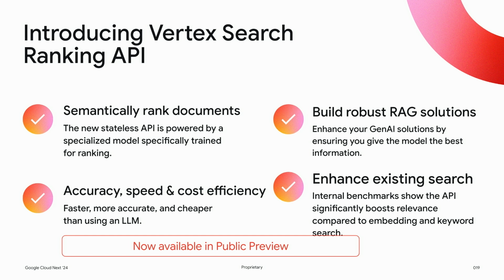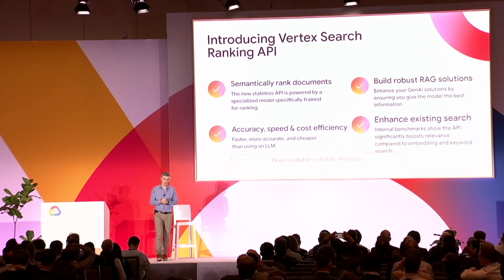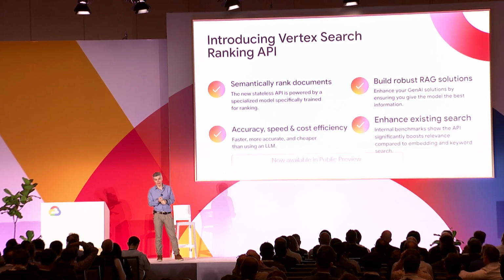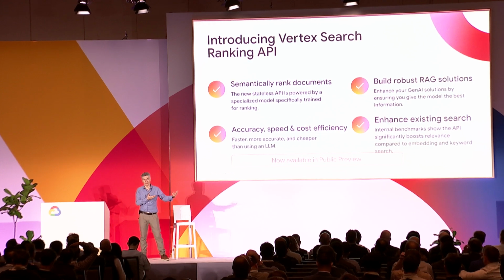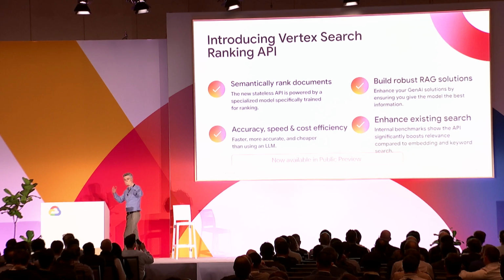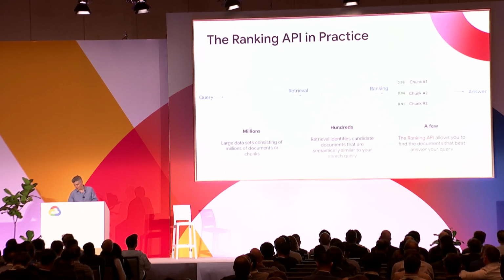It's faster, more accurate, and cheaper than using an LLM, right? And you can use it to build your own RAG solution, or you can use your existing retrieval engine, retrieve a lot of documents, and then use that API on top of it in order to re-rank and have the most relevant results first.